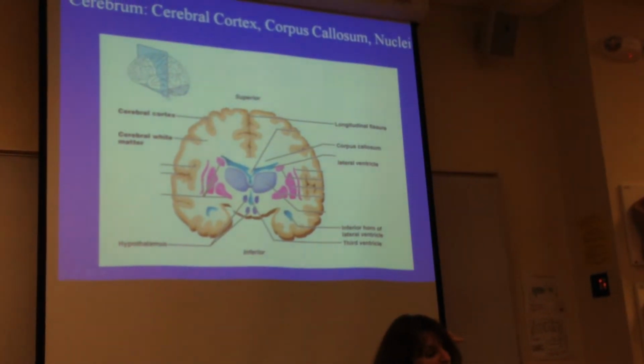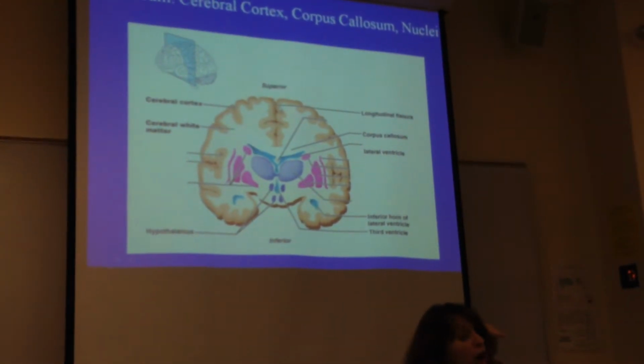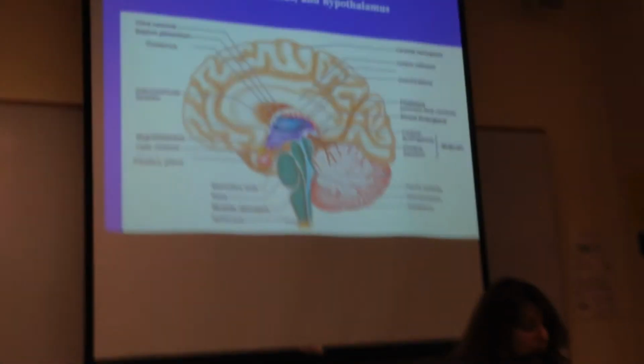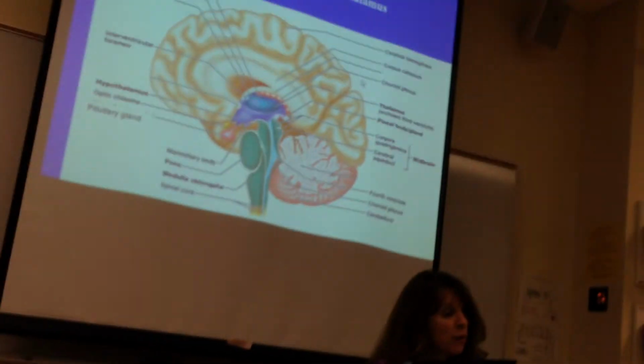What would be this fissure that we see right here? Lateral. That would be our longitudinal fissure that we see back there. What would be this fissure right here? Transverse fissure. What would be this fissure right here?